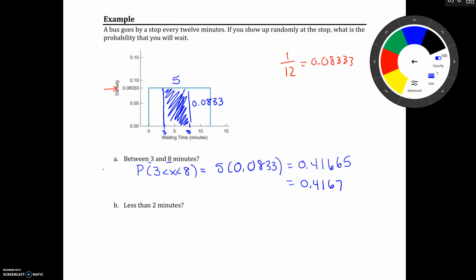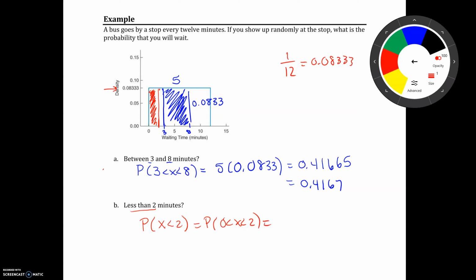0.4167. Okay. Our next question, we're asked, what's the probability that we wait less than 2 minutes? To write that, we could write the probability that x is less than 2, and we'd be finding the area between 0 and 2. This is the same as our probability that x is between 0 and 2.